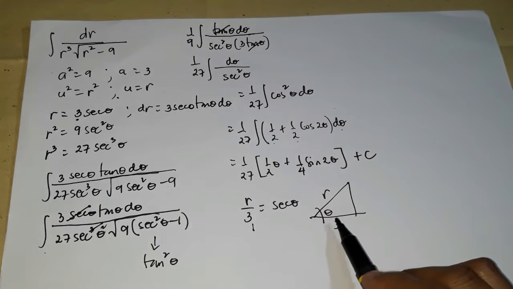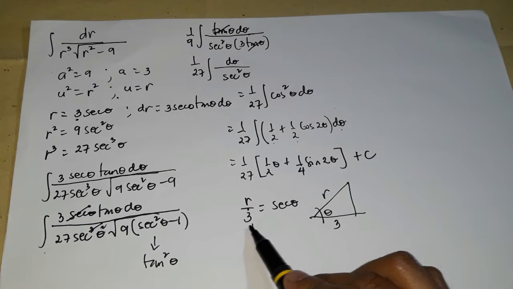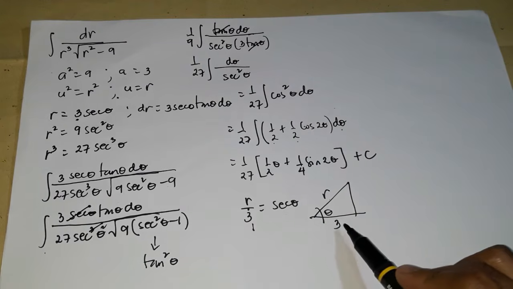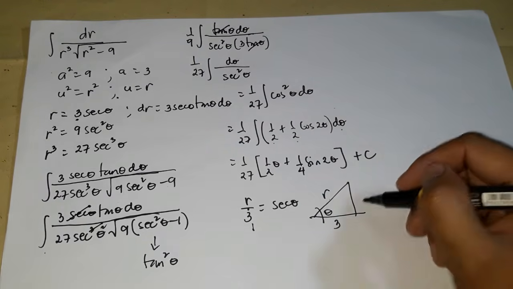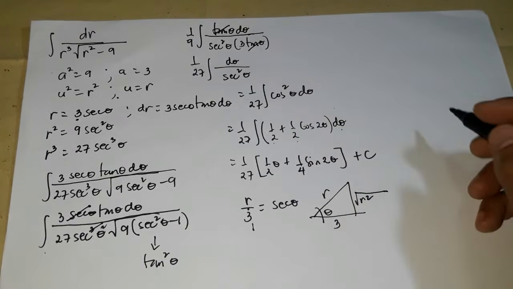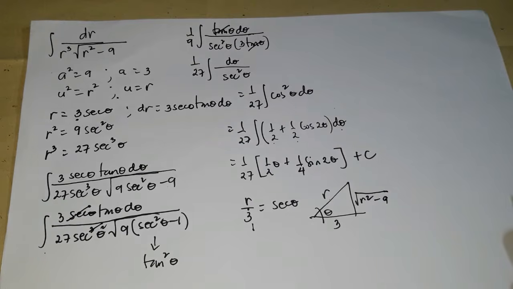So this triangle has a hypotenuse side equal to r and an adjacent side equal to 3. And then the opposite side is just the square root of the hypotenuse squared minus the adjacent side squared. So that's the square root of r squared minus 9.